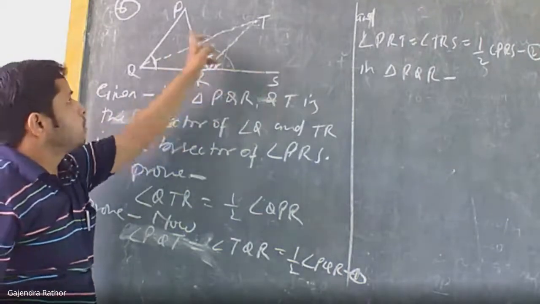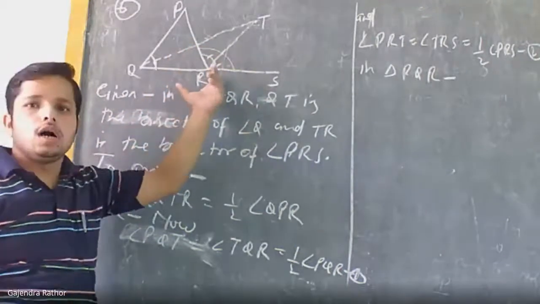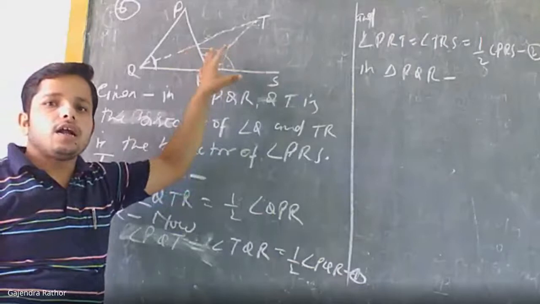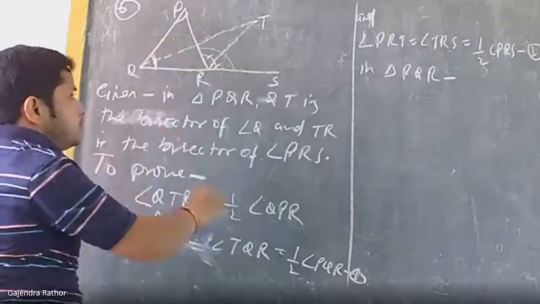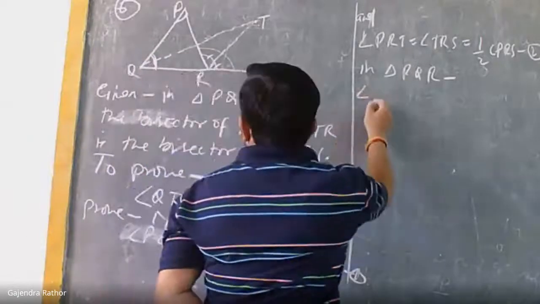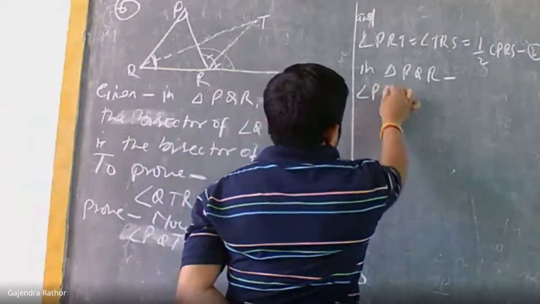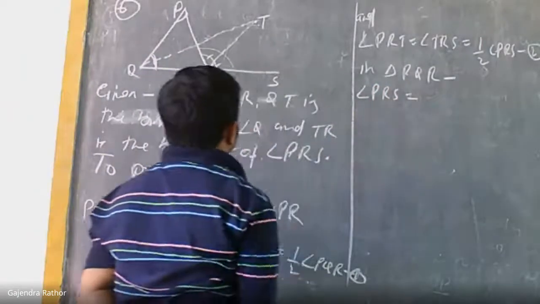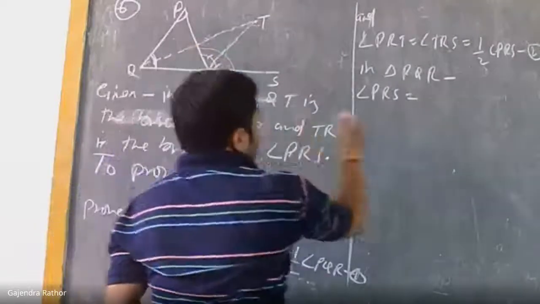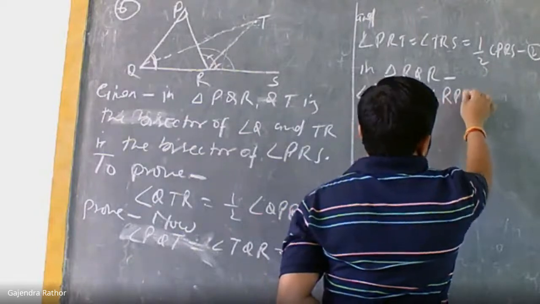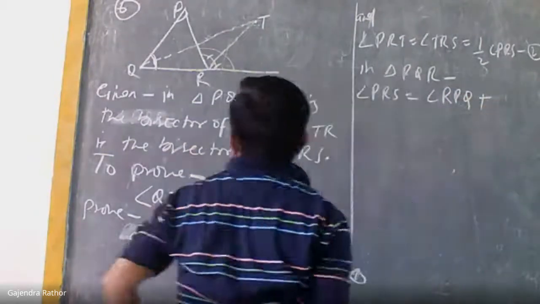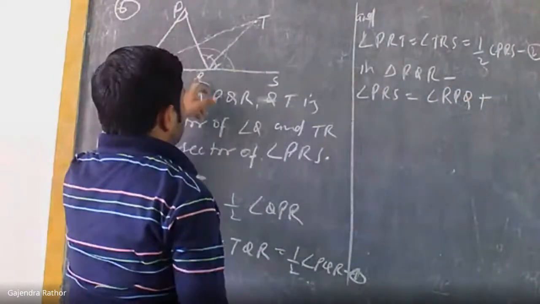So PRS is equal to the sum of the opposite interior angles, this and this. Angle PRS is equal to the opposite interior angles RPQ plus PQR.